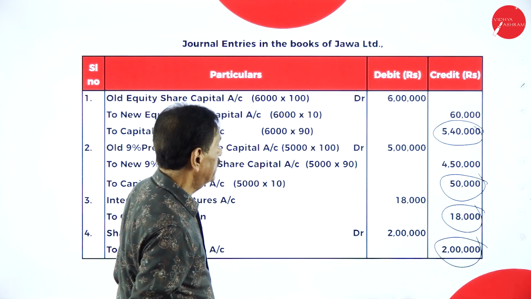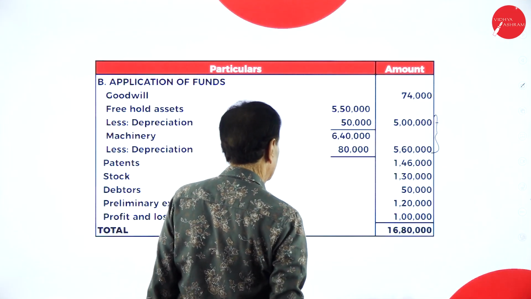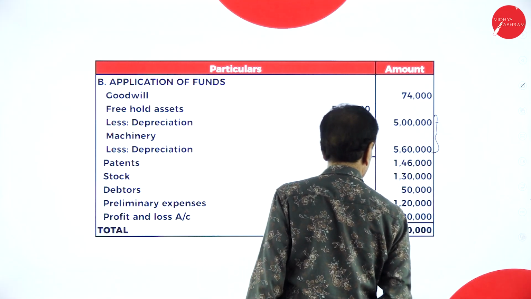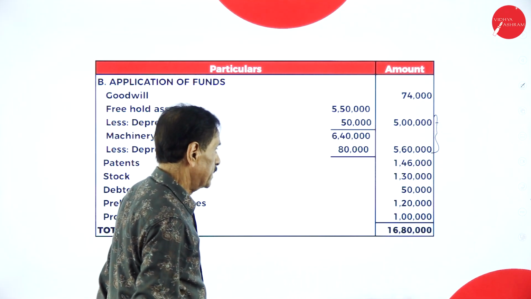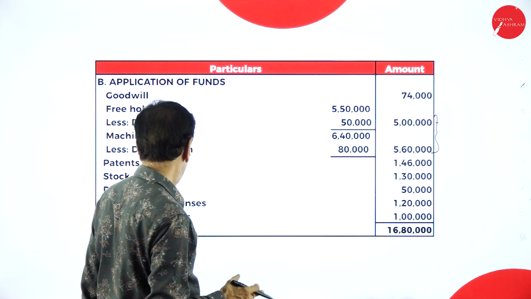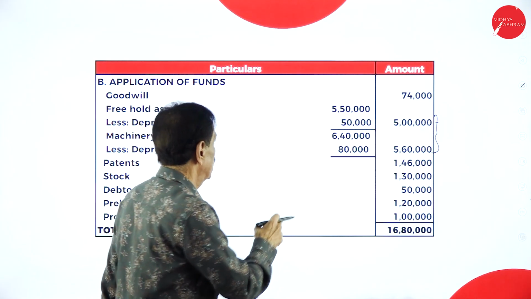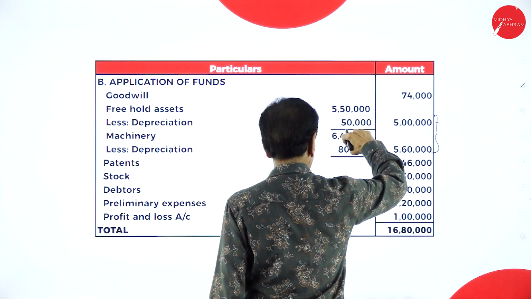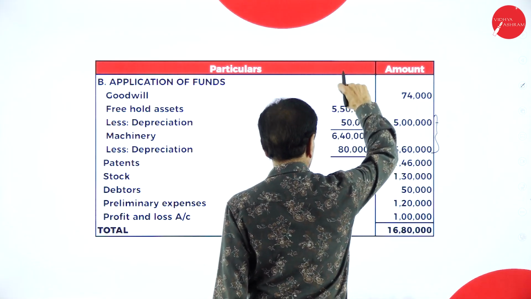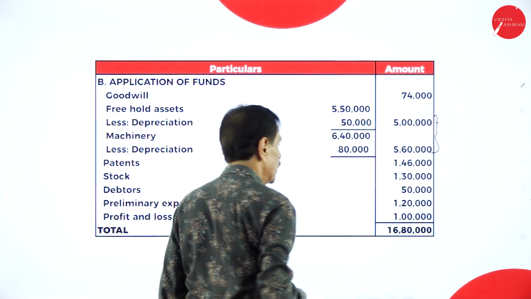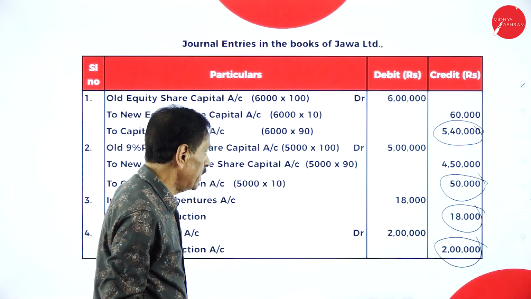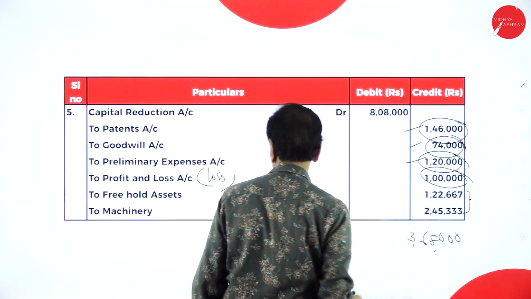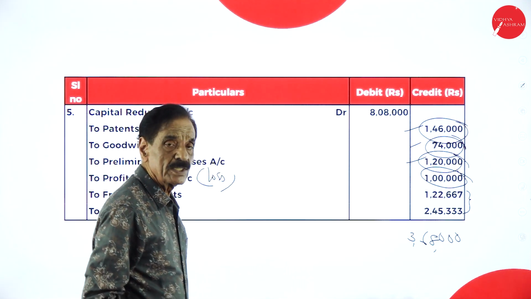See the balance sheet. Your freehold asset is 5 lakh 50, and this is 5 lakh 60,000. You have got 50:56, or you can take the face value 5 lakh 50. This is 6 lakh 40. We can take the values here. Whatever amount is left over will be shared among them in the ratio. They will get how much? 1,22,667.